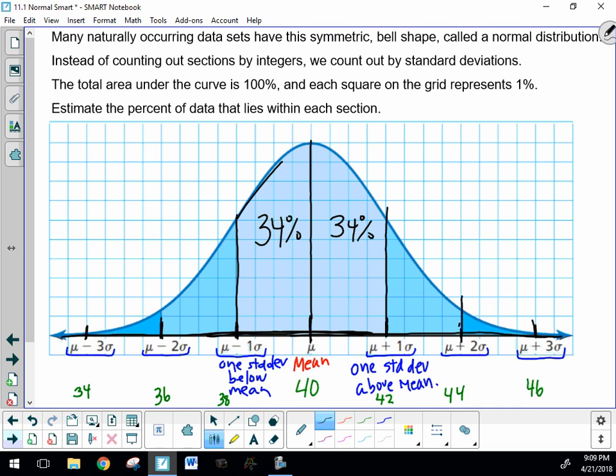In the next increment here, we have 13.5% of the data. In the next section, 2.35%, and in the very last outer section, 0.15%. And it's symmetric, so it's the same on both sides.